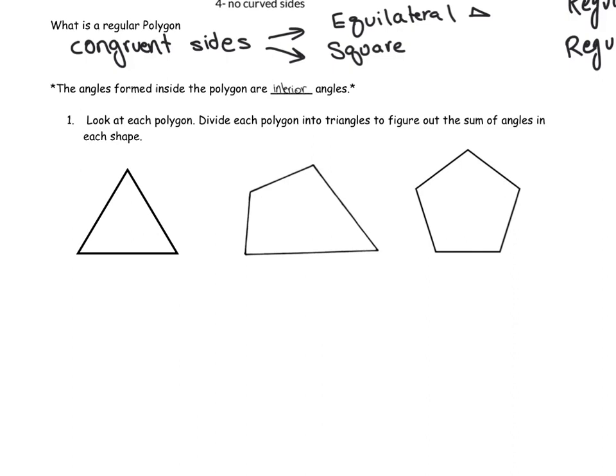If I look at the first shape, it's a triangle that has 3 sides and it forms only one triangle. The second shape has 4 sides and I can draw a line to divide it into 2 triangles.